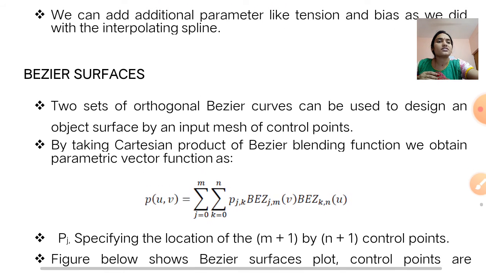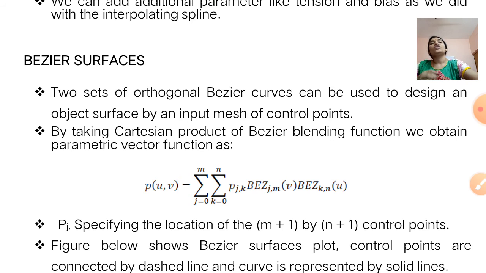Now let us discuss what Bezier surfaces are. Two sets of orthogonal Bezier curves can be used to design an object surface by an input mesh of control points. That means orthogonal Bezier curves are designed using the object space of the input polygon mesh of control points.